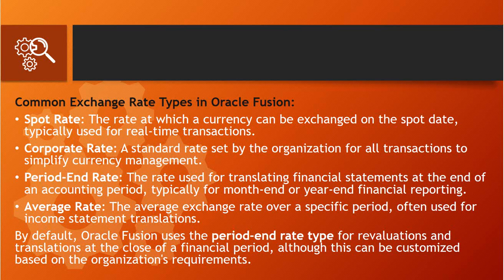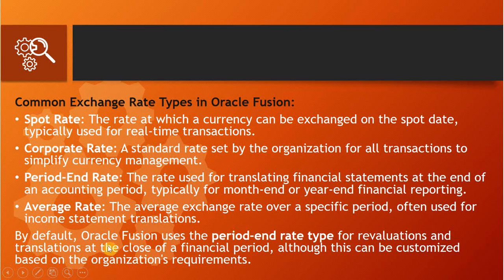Period end rate, the rate used for translating financial statements at the end of an accounting period, typically for month-end or year-end financial reporting. Average rate, the average exchange rate over a specific period, often used for income statement translations. So these are the four rate types we use. Normally I use the corporate rate.